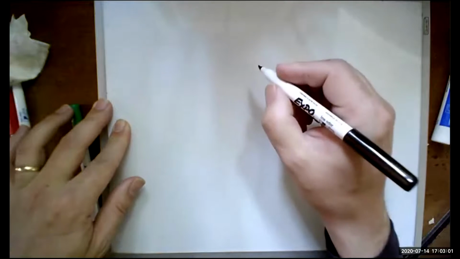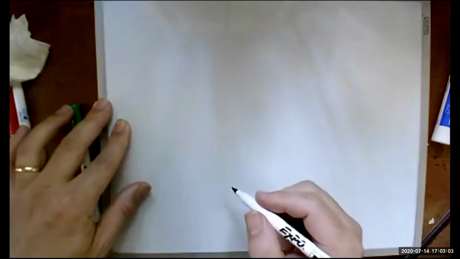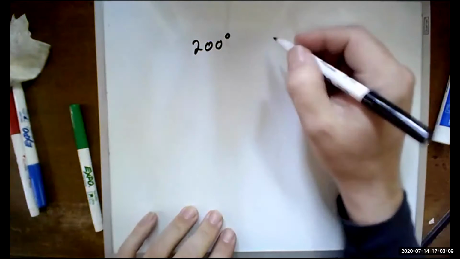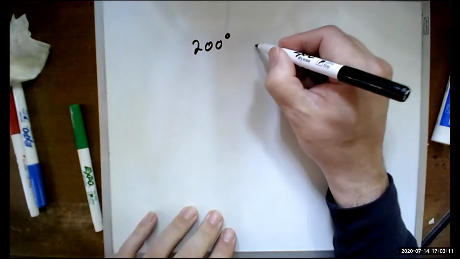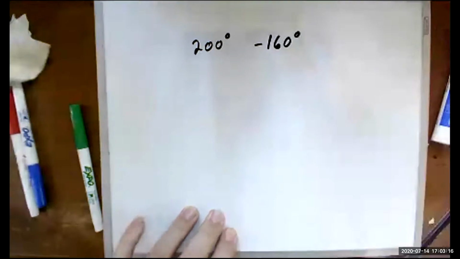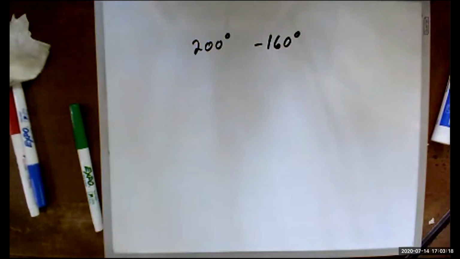So let's say that we had an angle at 200 degrees, and I had another angle at negative 160 degrees. How could I tell if these two angles were coterminal?